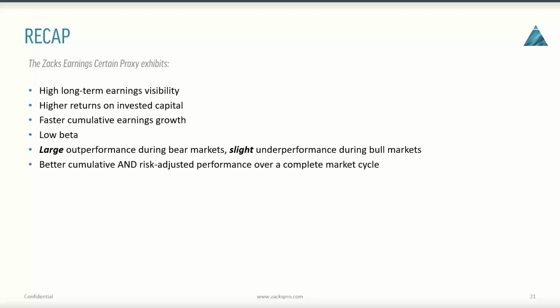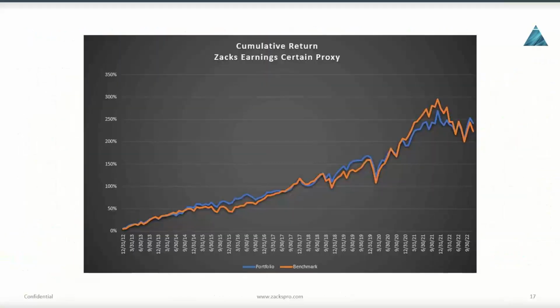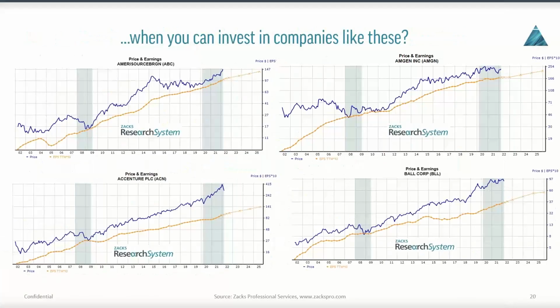Very slight underperformance during bull markets, but you can see that we've kept up with the market overall. And so once we get a bear market like we did last year, we will show better cumulative and risk-adjusted performance over a complete market cycle. And that's, I think, what we have proven in this chart right here. So better cumulative risk-adjusted returns over time.